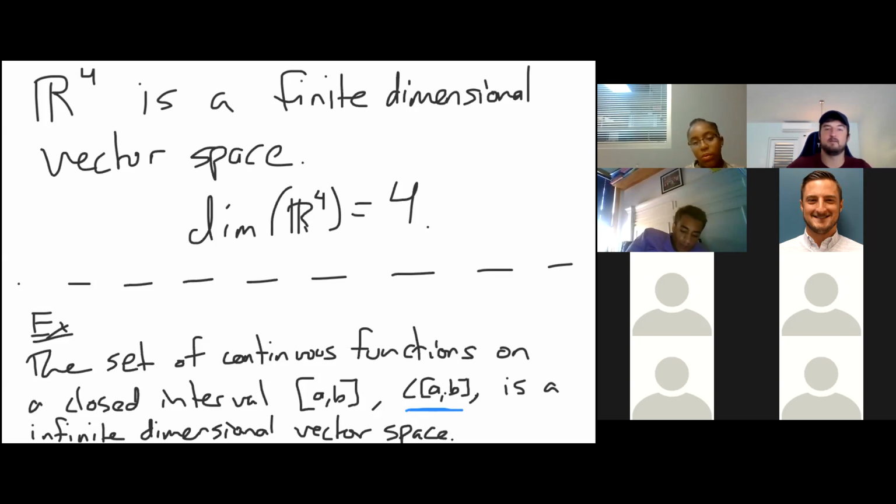You can also have logarithmic functions, exponential functions, trig functions, things like that. There's just so many things in that space that we can't nail it down to a finite amount of things that allow us to build everything in this set.